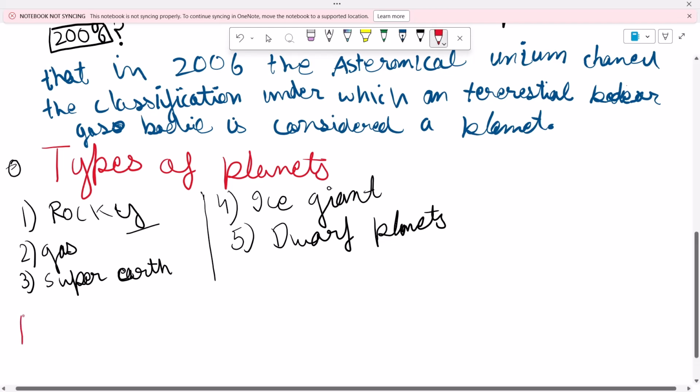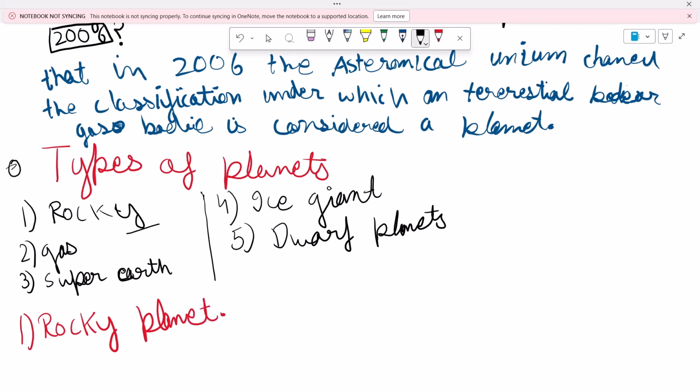So first is the rocky planet. What is a rocky planet? Comment your answer below.